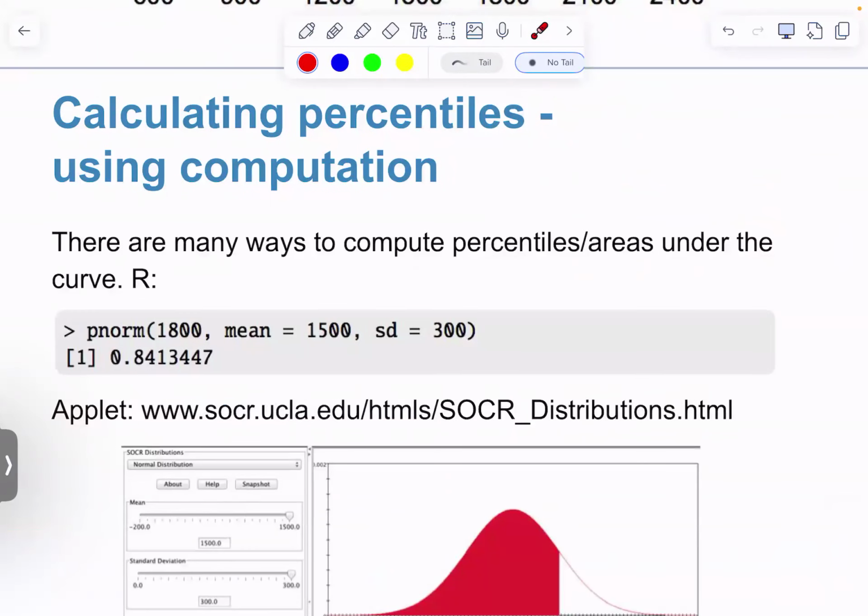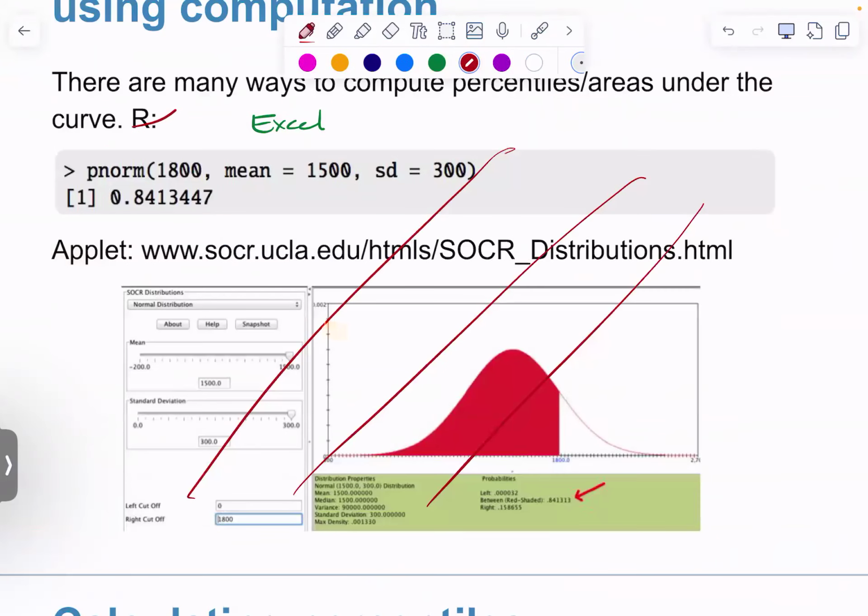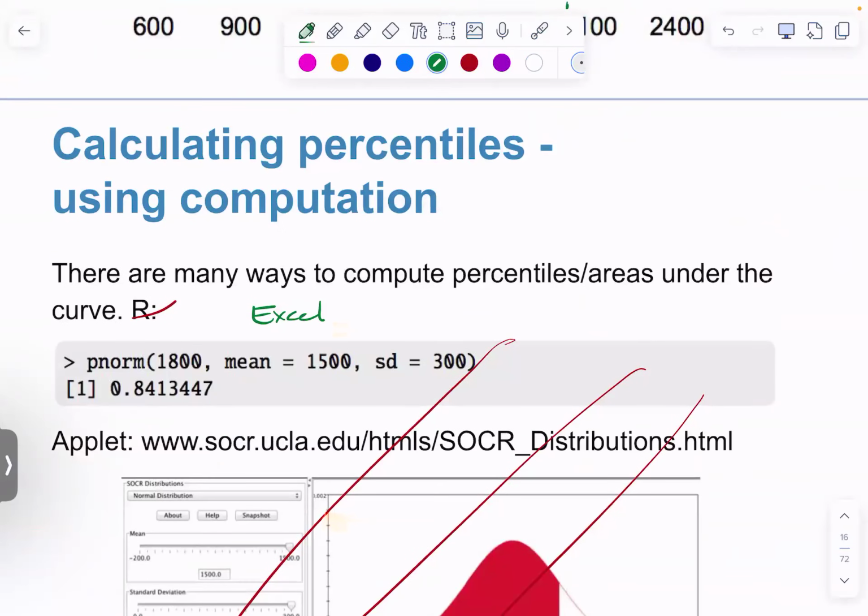Calculating percentiles. In real life, I'll do this first. We're not using R, we're using Excel. It's pretty common to use R. R is a statistical programming language, and if you want to learn it, I am happy to help you, but we're using Excel.